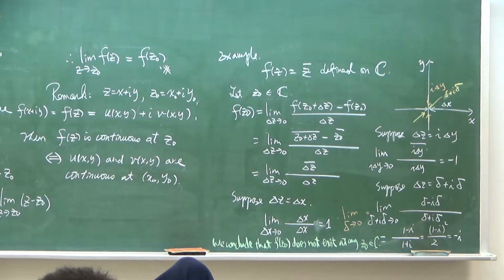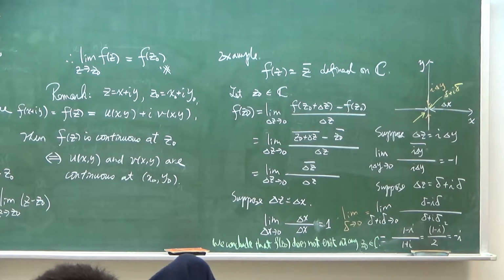Now, a complex function f of z is said to be analytic in a domain. Remember, a domain is an open connected subset of the complex plane.